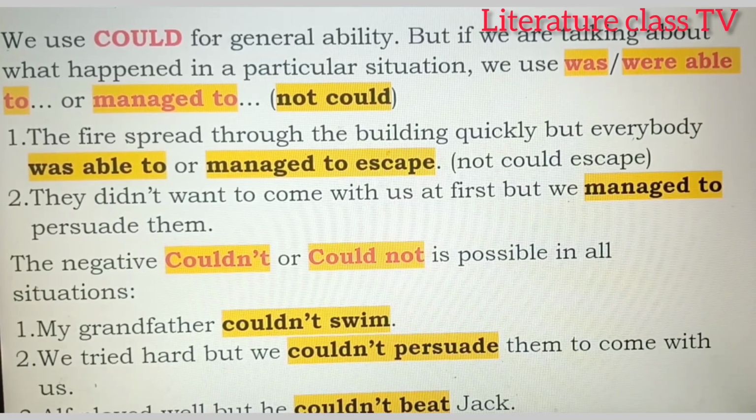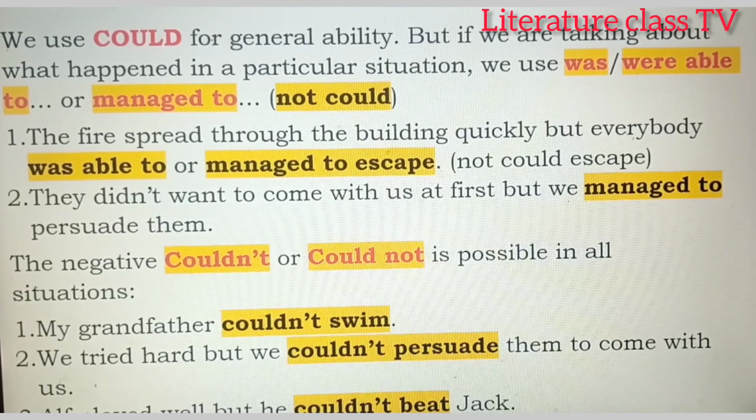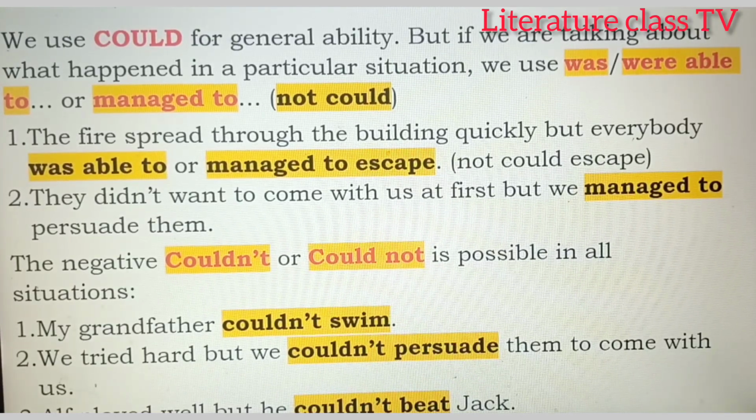The fire spread through the building quickly, but everybody was able to or managed to escape, not could, because we are talking about what happened in a particular situation. We cannot use could when we talk about what happened in a particular situation. Instead, we use was or were able to or managed to.